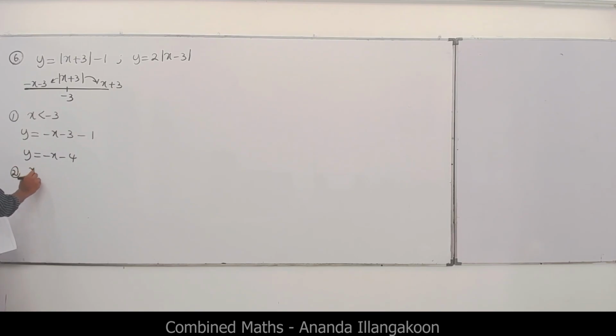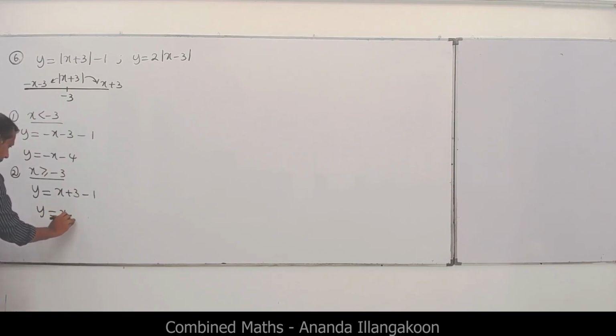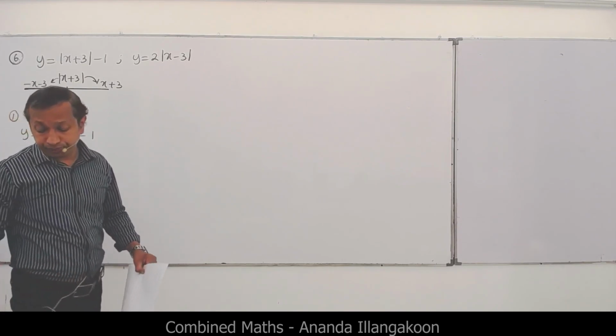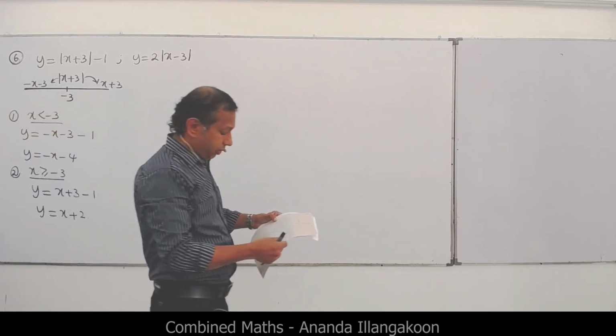Secondly, x greater than or equal to minus 3. Then mod x plus 3 is equal to x plus 3, so y equals x plus 3 minus 1, y equals x plus 2.